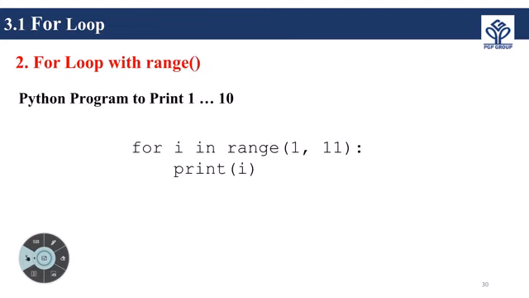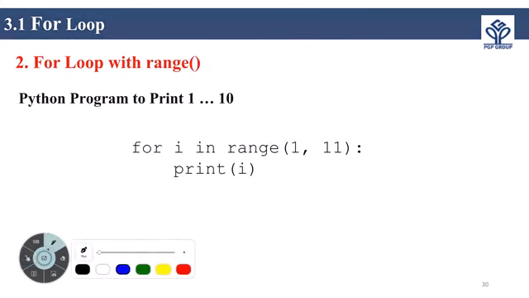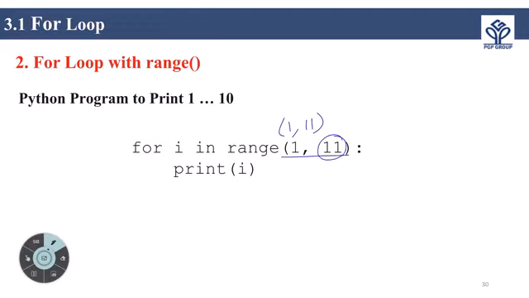Next one is for loop with ranges. We are using range: for i in range of 1, this is the starting value, and this is the ending value. When we use the range function, we must take the value before the range end, that is 1 to 10.